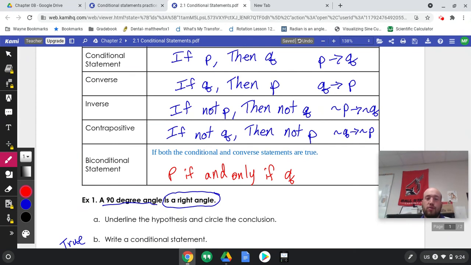But the reason, since both are true and it can go either way, I'll explain that in a minute. But we take out the then, and it's the hypothesis, then if and only if, then the conclusion. And our symbol for that, P, then a double arrow, because it can go either way, and then Q.